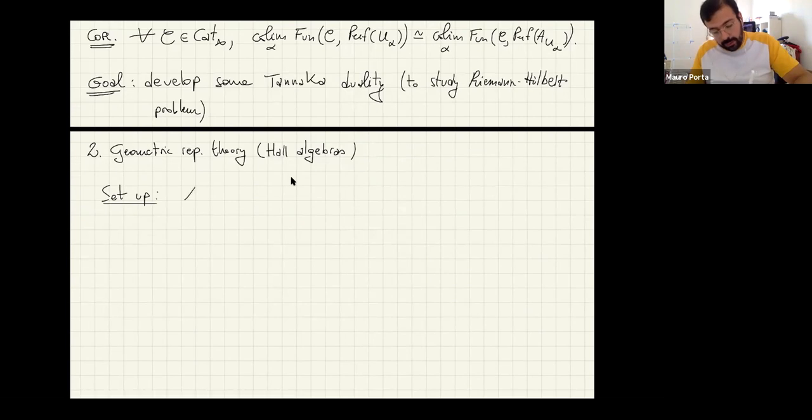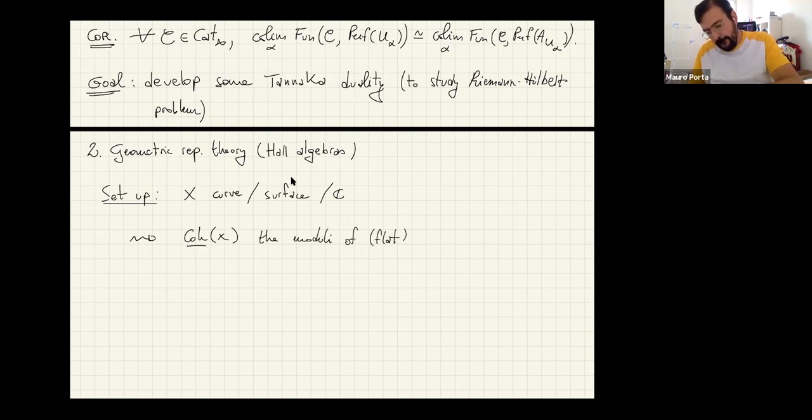So we take X to be a curve or a surface over C. And to this we can associate a moduli space, Coh(X), which is the moduli of flat families of coherent sheaves on X.